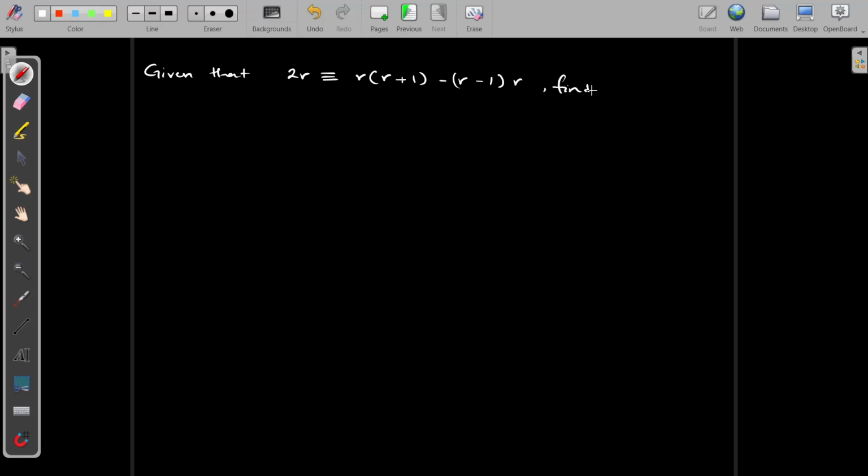Find the sum all the way up to n, r equals 1, for r. So try this one.